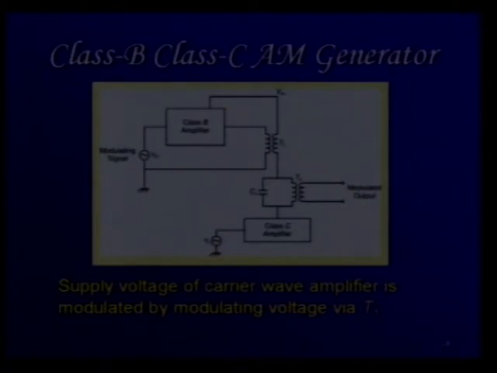We have class A amplifier, class B amplifier, class C amplifier, class AB amplifier, and so on and so forth. In this particular case we are using a class B amplifier because we want to faithfully reproduce the amplitude as well as the frequency of the modulating signal, which is very well done by a class B amplifier.